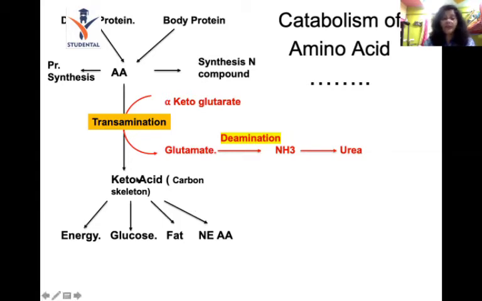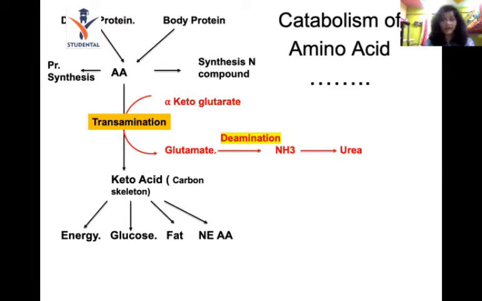Now, what is the fate of the keto acid which is formed here? The keto acid can undergo complete oxidation to produce energy in the form of ATP. It can take part in gluconeogenesis and form glucose. It is even a precursor for synthesis of fat, and through the transamination reaction again, it can form non-essential amino acids.